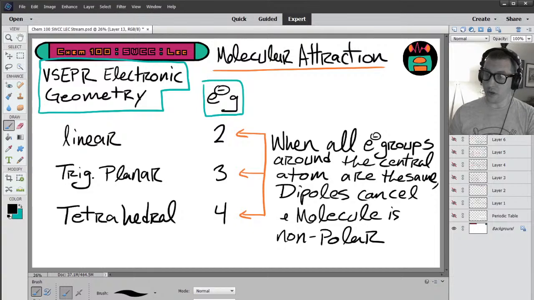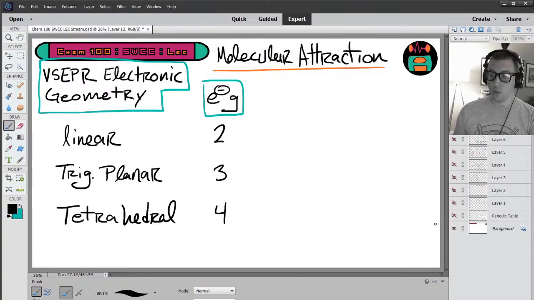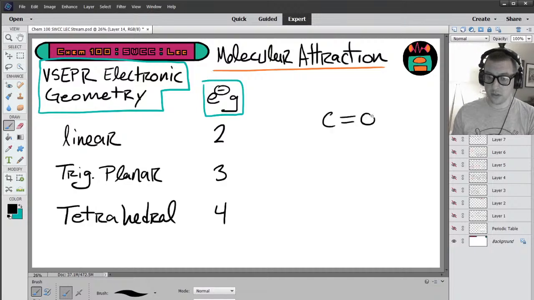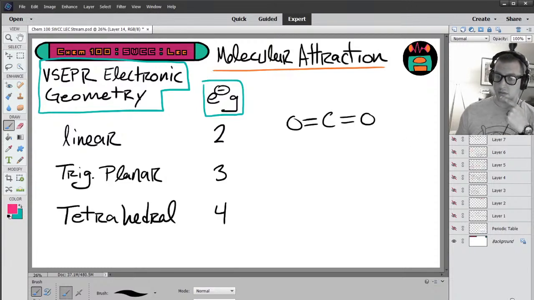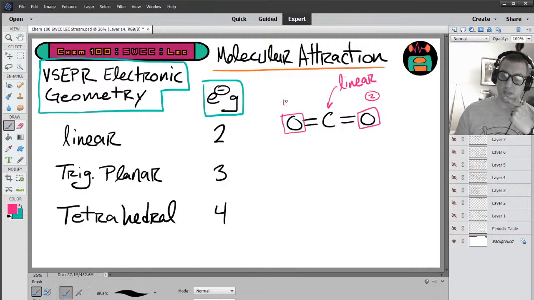That's what we had going on, for example, in our example of CO2. CO2 is linear, which means it has 2 electron groups.